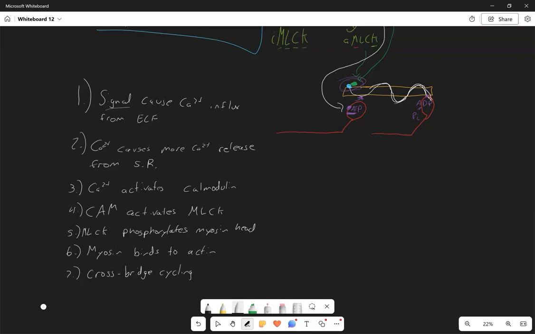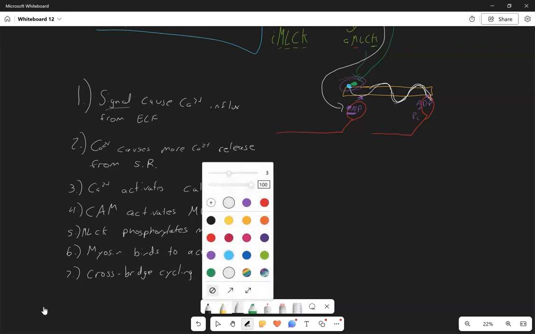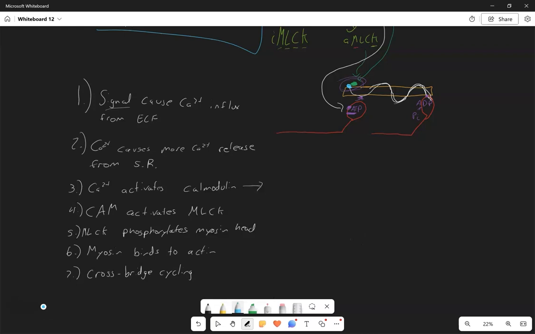What I also want to do is put over here a small arrow, which we'll call step 4B: calmodulin regulates caldesmon and calponin.